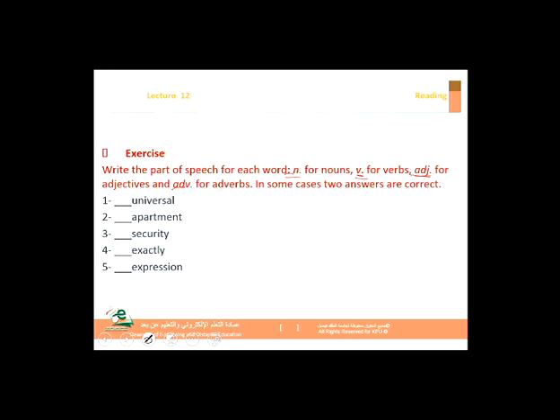And I should start answering straight away. Universal, I look at this, and I know it's an adverb. It's an adjective, sorry. It's an adjective, AL, universal. Apartment, I know it's a noun. Security, it's a noun.